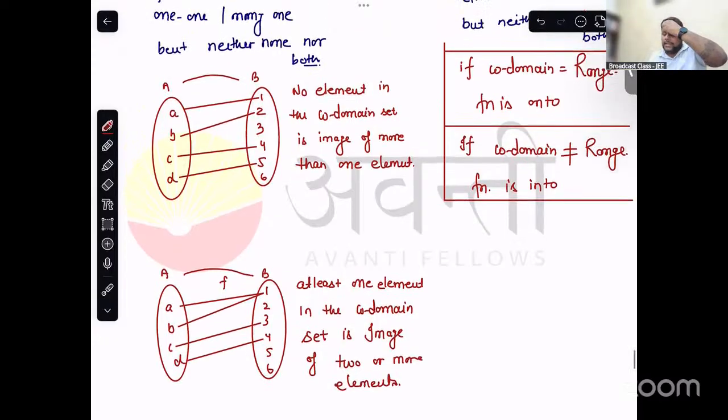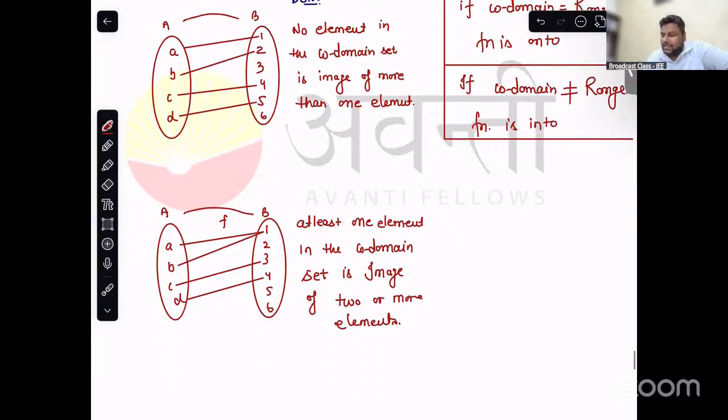Understood? Like in the domain set, there is no shared image. Everyone is having one image that is not shared with any other element of the domain set. In many-one function, at least two elements are there in the domain set which are having same image.